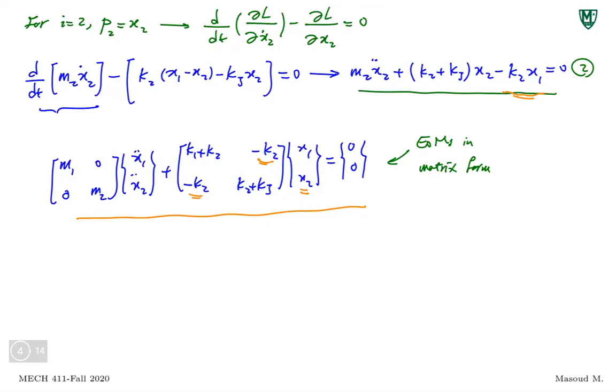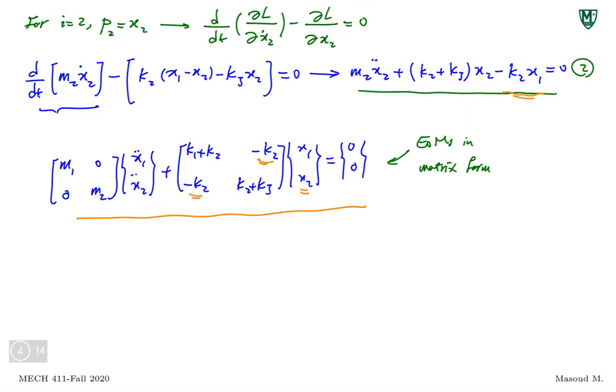Because the non-diagonal elements are non-zero, then we end up having a coupled set of equations of motion. So stiffness matrix is the reason that this set of equations of motion are not decoupled. They are coupled. They are related to each other. We have to solve them simultaneously.